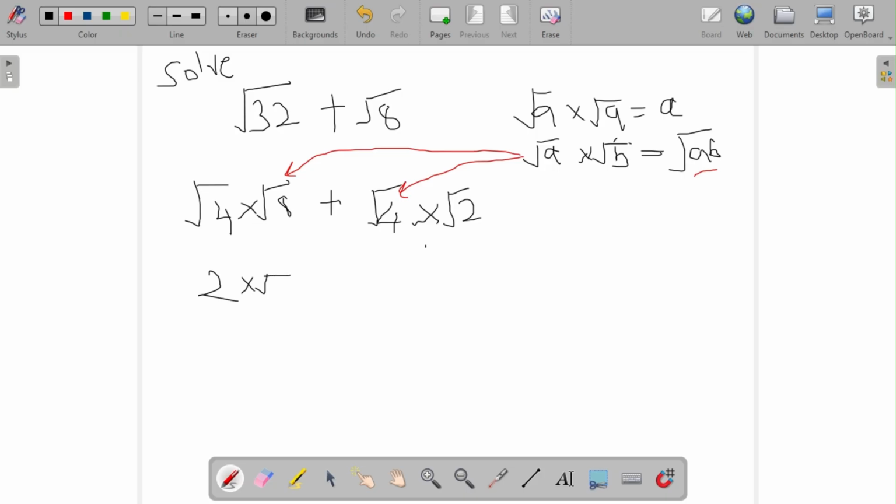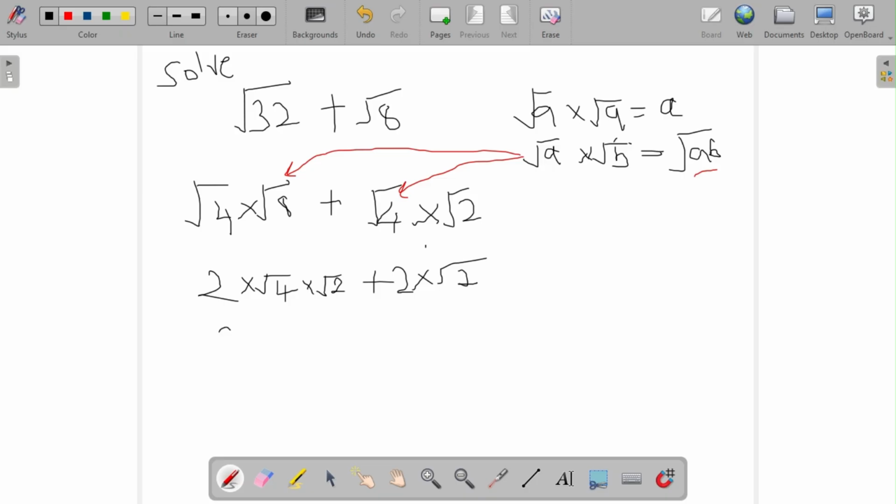I also notice that there's a perfect square from 8, because 4 times 2 gives you 8. So this is root 4 times root 2. So, of course, root 4 here is 2.